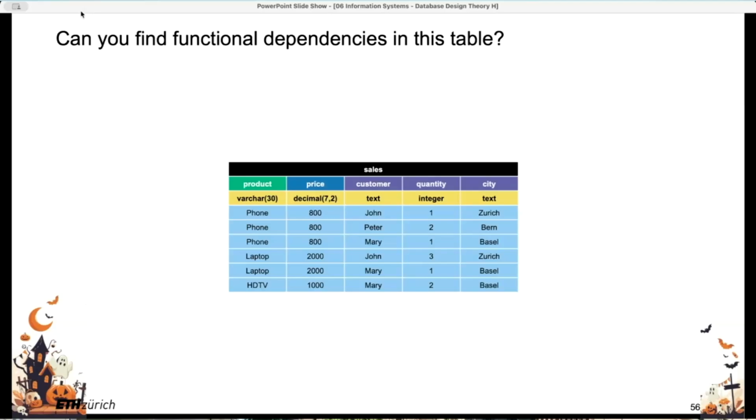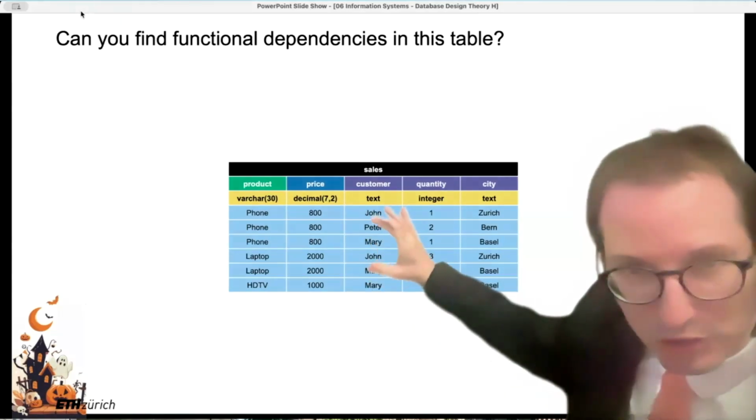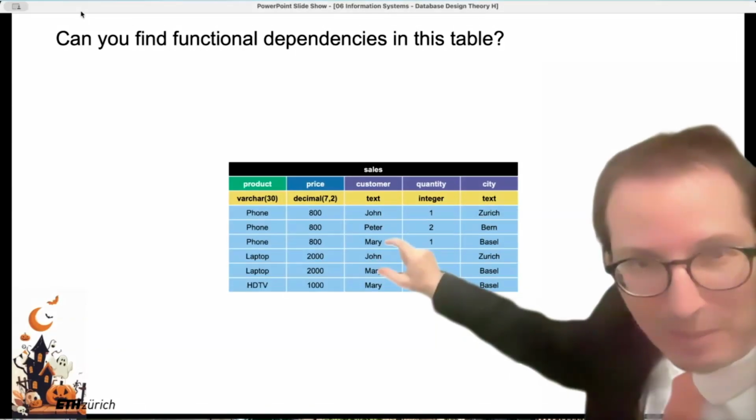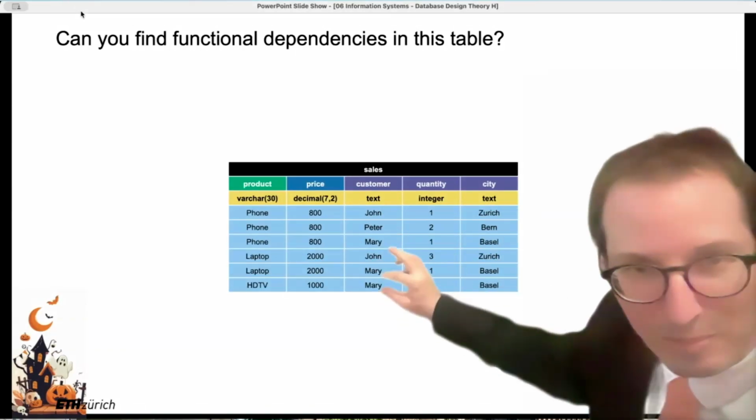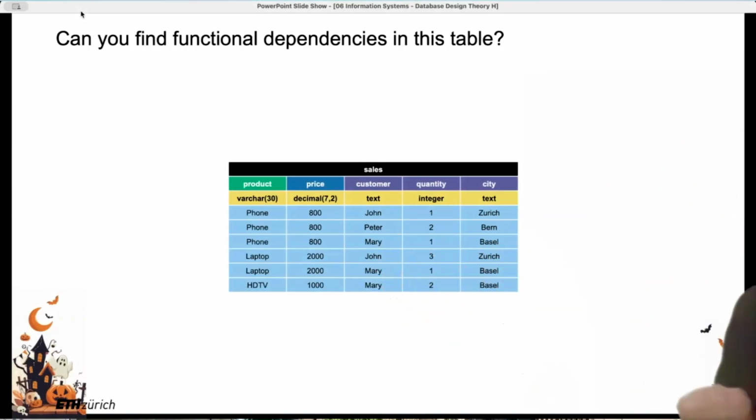How about the customer and the city? Yes, absolutely. The customer and the city. Who sees that? So the customer functionally determines the city. John, Zurich, Zurich. Peter, that's the only one. Mary, you see. Basel. Also here, by accident, the city determines the customer, but that's only because it's a small table.